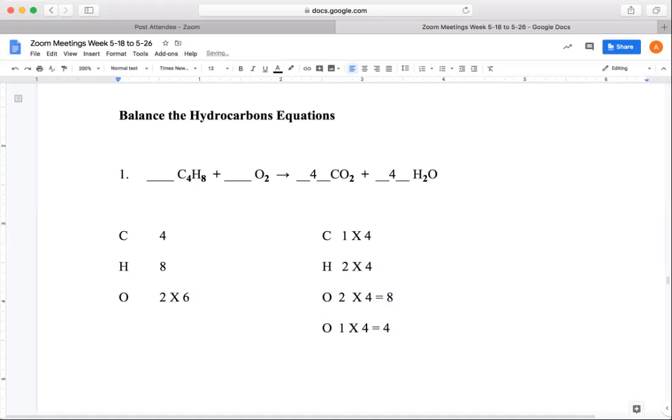So in this case, we have 12 here, 12 here, 8 here, 8 here, 4 here, 4 here. At this point, we're balanced, but we need to put this 6 in this spot, right? Whatever numbers we multiply, these are called the coefficients. These are the factors by which we increase the number of molecules that contain the atoms that we're interested in. So in this case, we did this to make everything balanced.